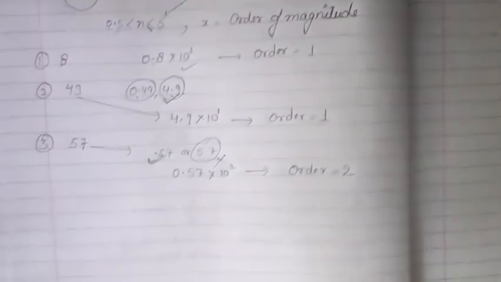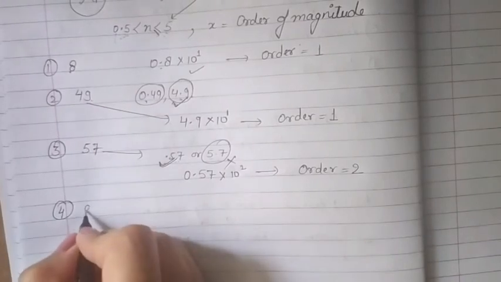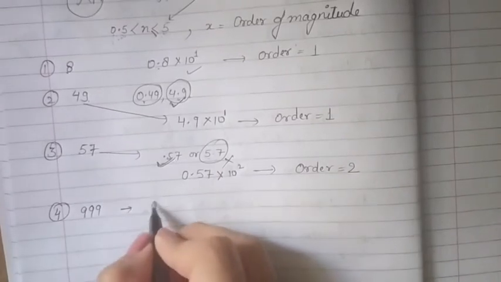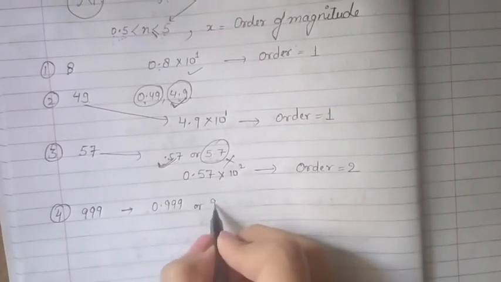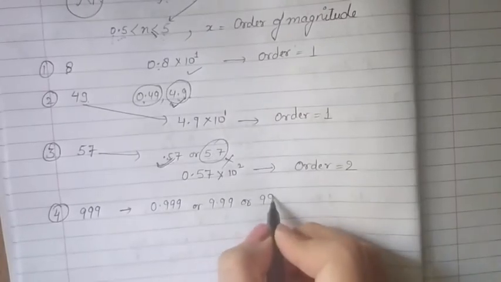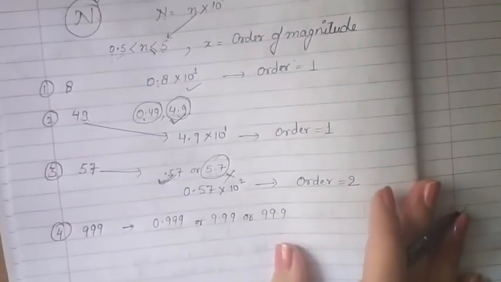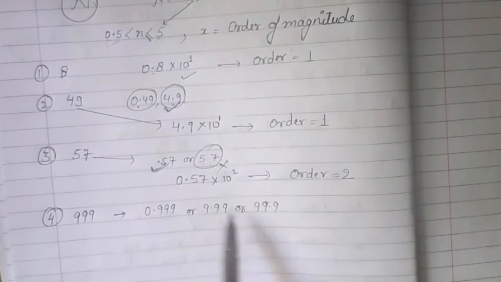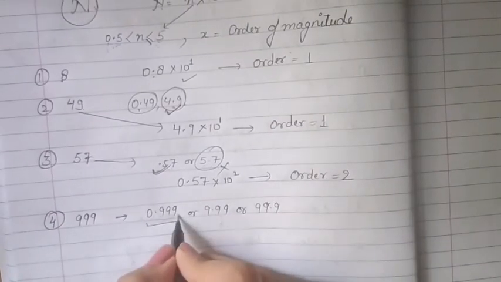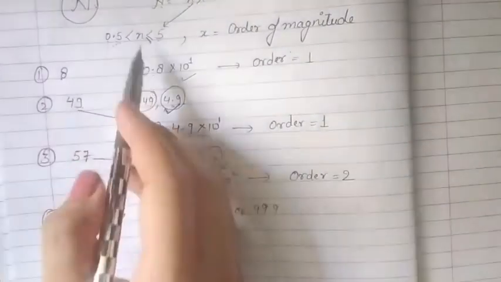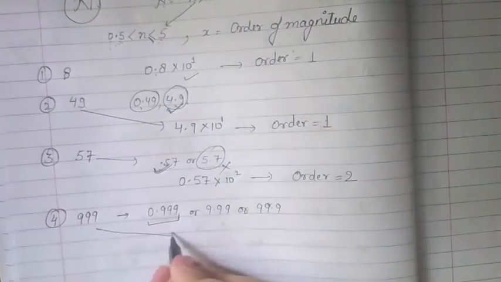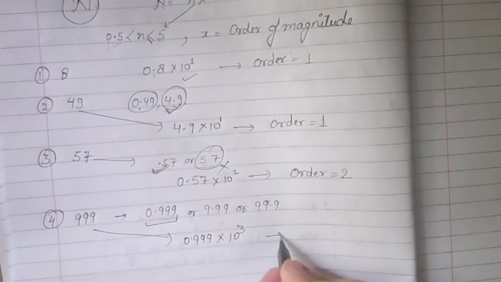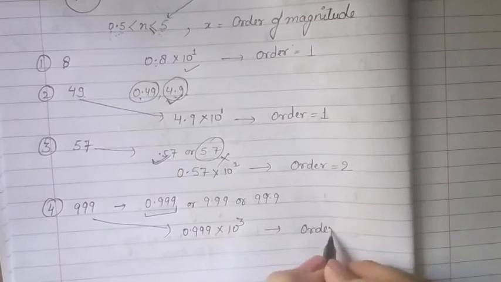Let's take one more example of a 3-digit number. Suppose the number is 999. We can write it as either 0.999, 9.99, or 99.9. Among these three, only 0.999 exists in the required range, so we write it as 0.999 into 10 to the power 3, and for such a number the order of magnitude will be 3.